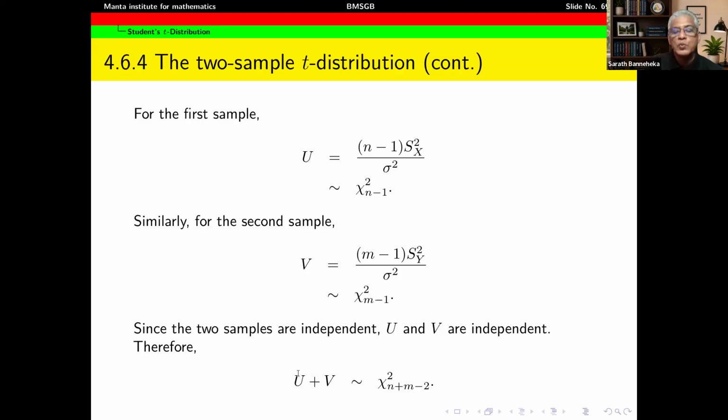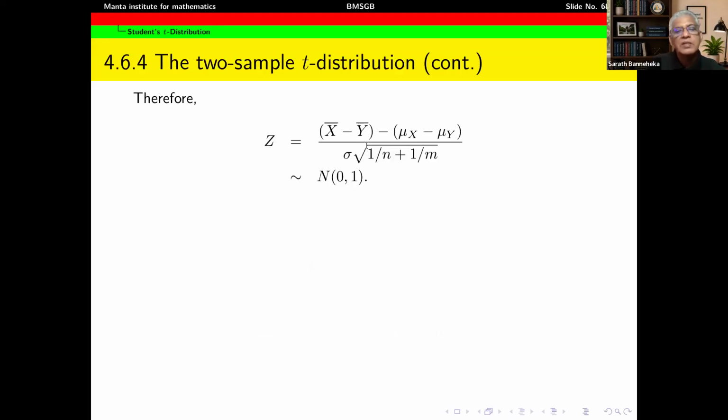So if you consider u plus v, that will also have a chi-square distribution, and the degrees of freedom is equal to the sum of the two degrees of freedom. So that will give you n plus m minus 2. So u plus v has a chi-square n plus m minus 2 distribution.